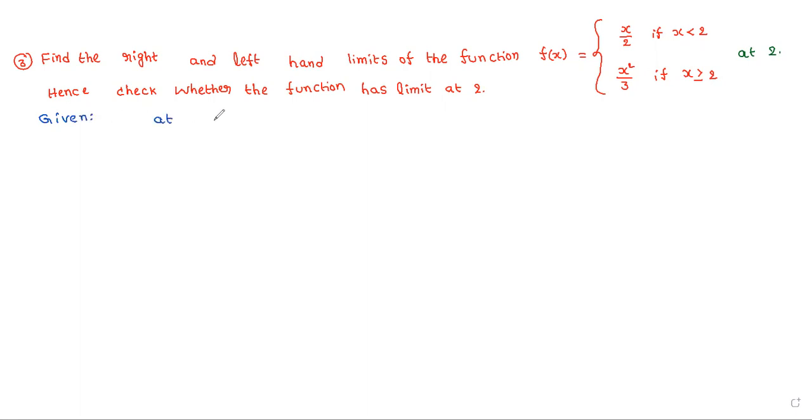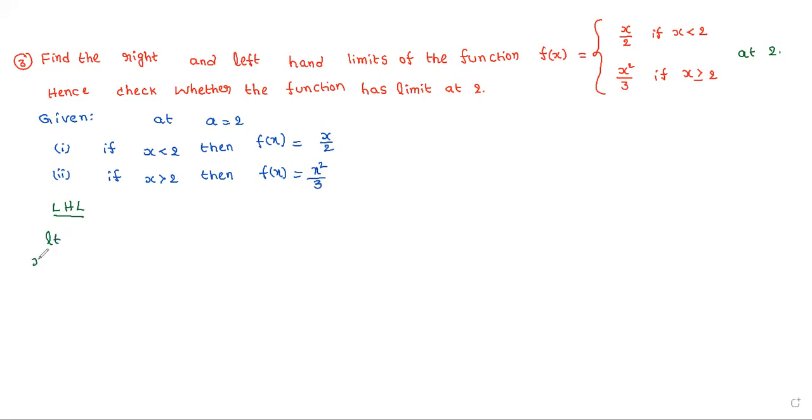The first condition: if x less than 2, below 2 value, f of x equal to x by 2. The second condition: if x greater than 2, more than 2 value, then the function is x square by 3.